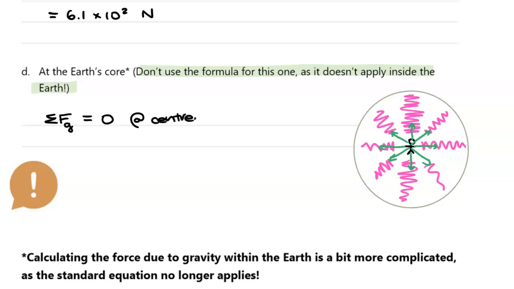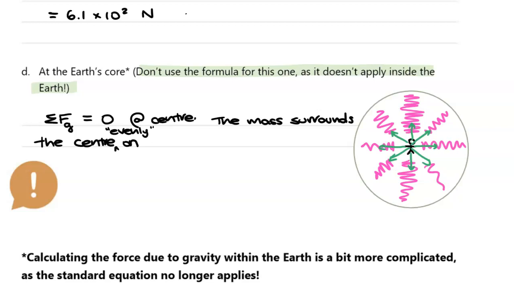So let's have a go at describing why that was so. So the mass surrounds the center, let's say evenly. I put it in quotation marks because the Earth is not a proper sphere, but evenly is relatively good for what we're talking about here.